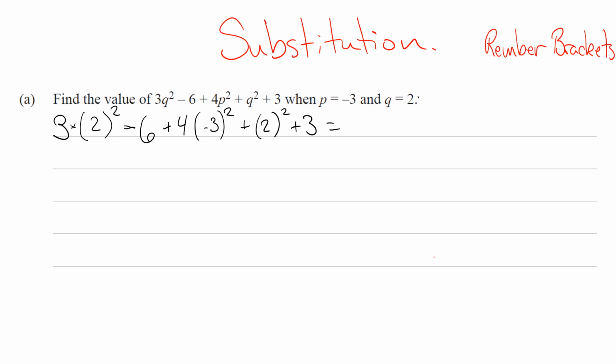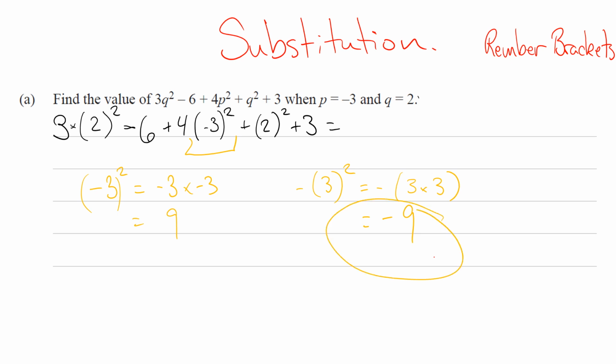Now let's have a look at why I put my brackets around things. Some people look at this and see negative 3 squared, and they'll see negative 3 times negative 3 equals 9, which is perfectly fine. That's exactly what we want to see. The problem is when some people see negative 3 squared as the negative of 3 times 3, which is negative 9.